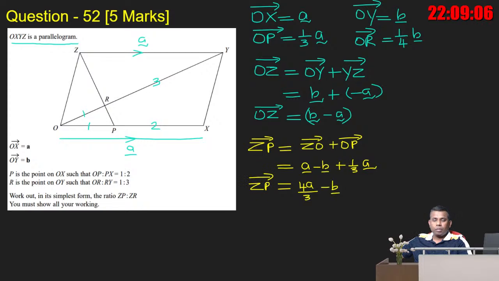If I really wanted to simplify more, I can say SP equals 4A minus 3B over 3.